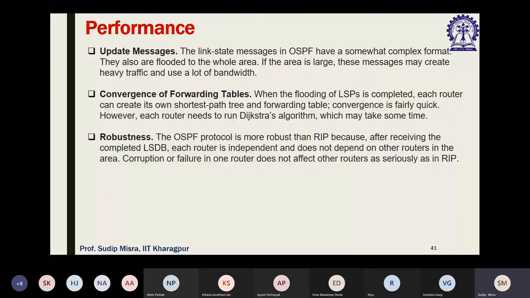Last time we also saw that in any link state routing protocol, the Dijkstra's algorithm is used for computing the shortest path. And remember, unlike in RIP, where only the hop count was used as a metric to measure the distance, OSPF leaves it open.